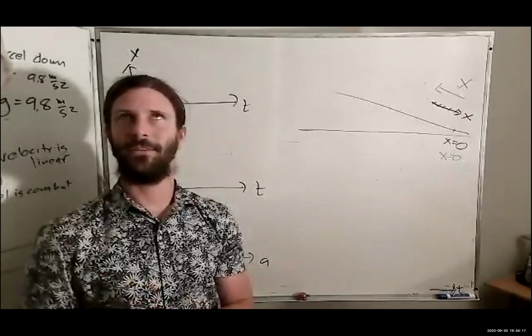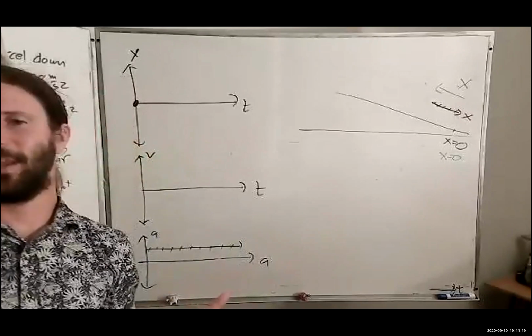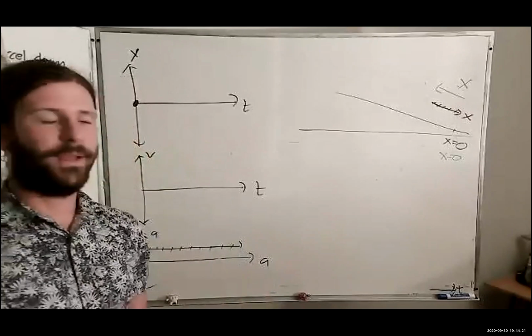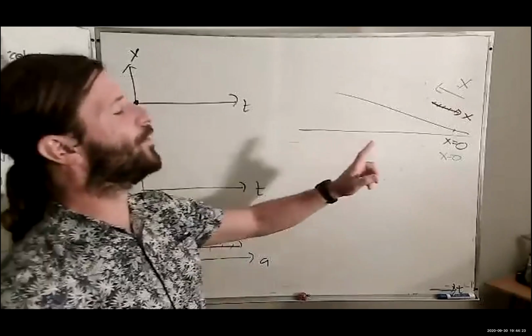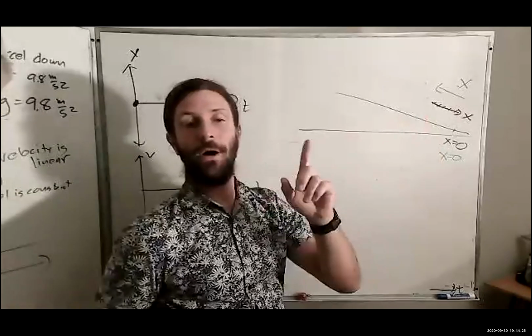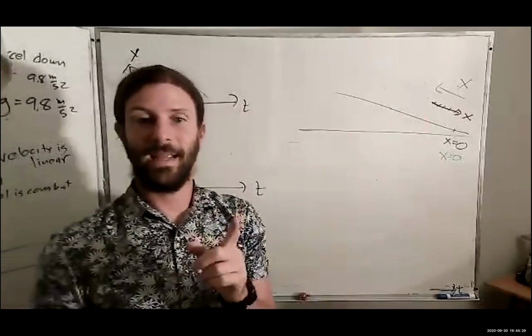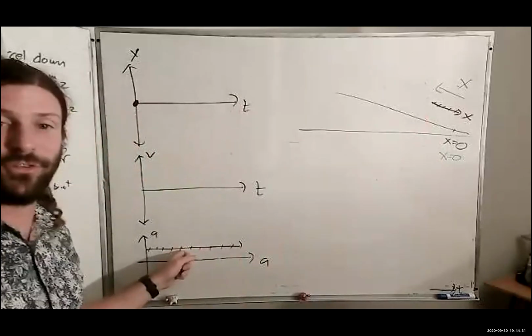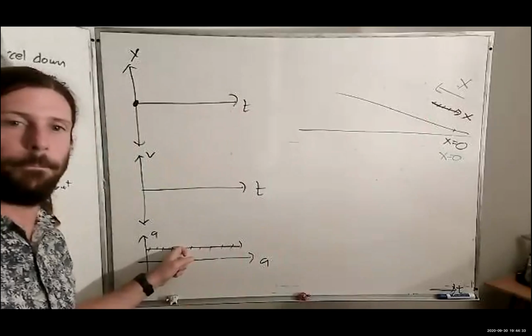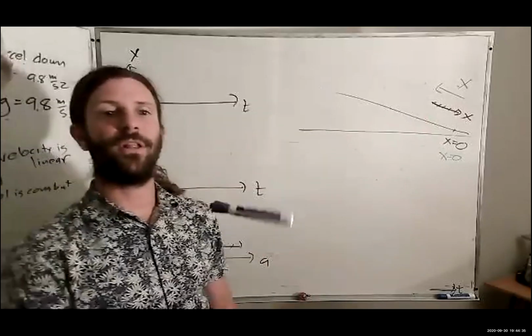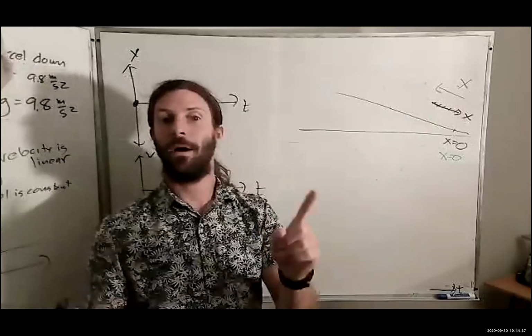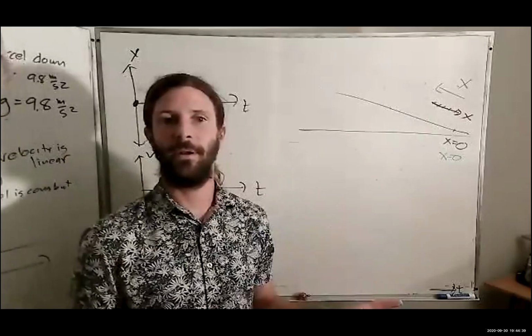Oh wait, I guess constant starts with C. But yeah, it's changing, right? Changing in the positive. It's changing because acceleration is non-zero. Now, is velocity initially positive or negative?